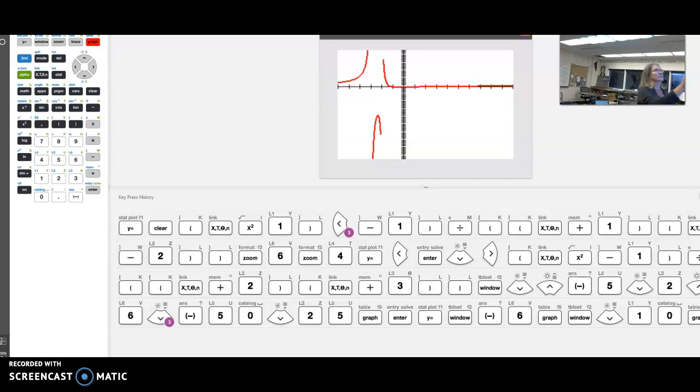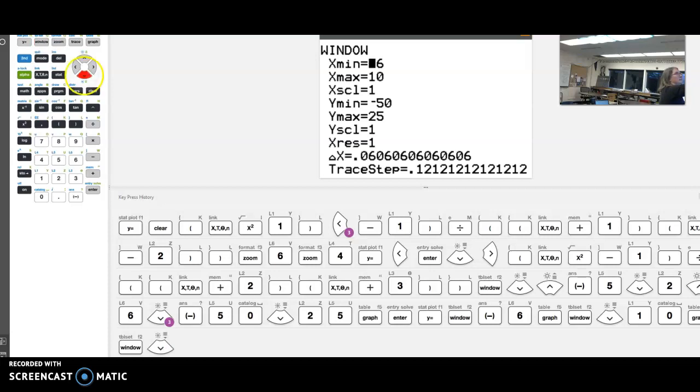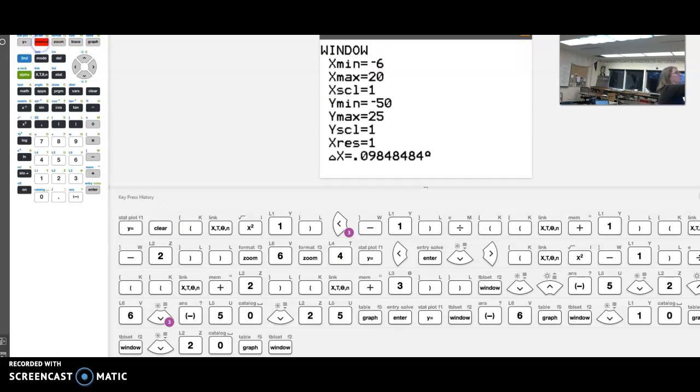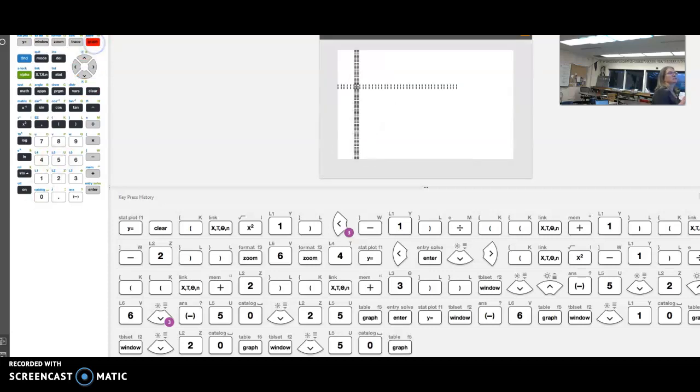When I made my window bigger, the pixels don't allow the graph to graph very well. But let me go out even farther because it is hard to tell that this is actually approaching 1 as we go out in the x direction. I'm going to go even farther because it should look like it's approaching 1. Actually, it probably is.